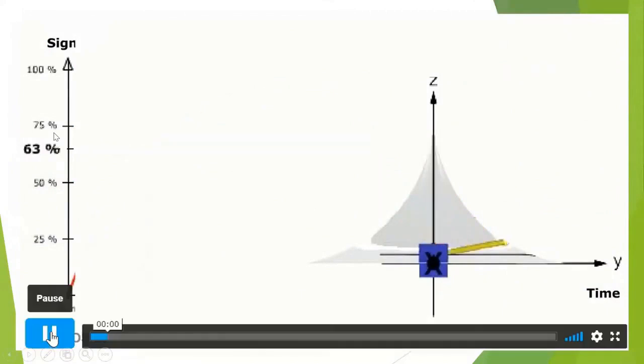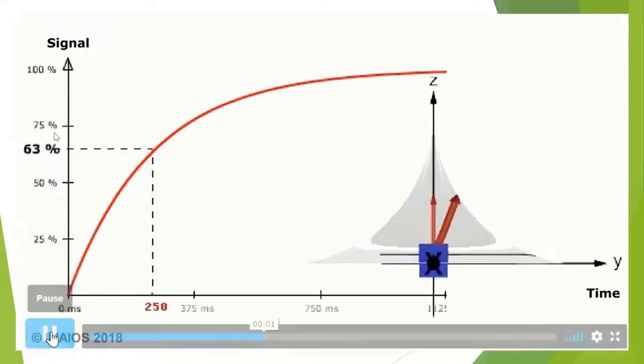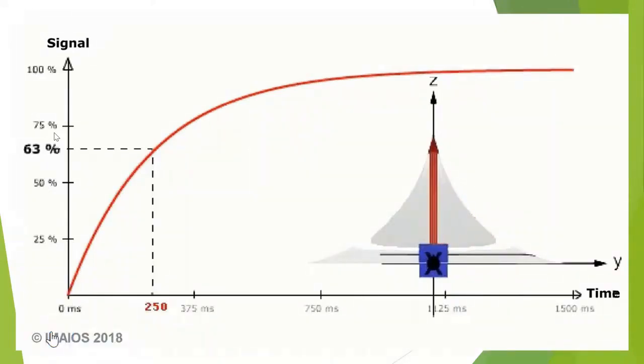What is this curve? This curve represents when you stop the RF pulse, it starts to return, specifically in the z direction. This return is what undergoes relaxation. So how does this relaxation happen? What does this mean?